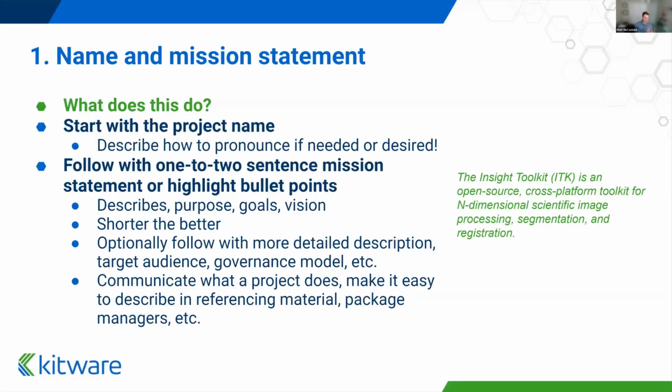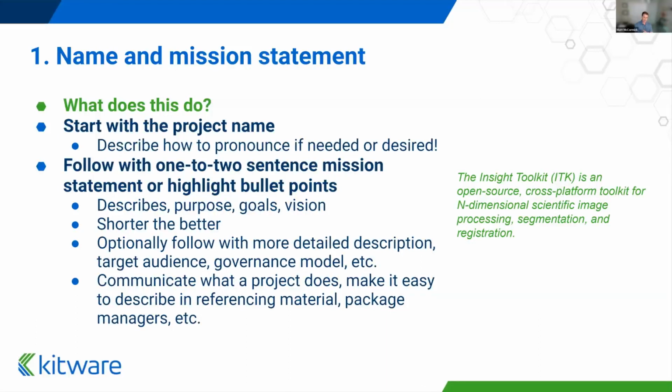The shorter, the better. After that, you can follow with more detailed information, such as the target audience and governance model. The goal is to communicate what a project does and make it easy to describe.